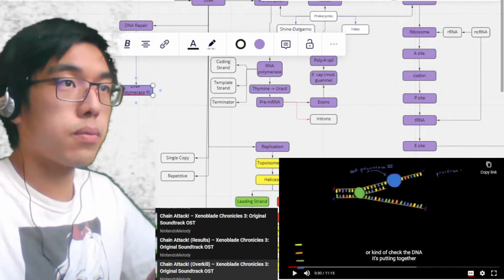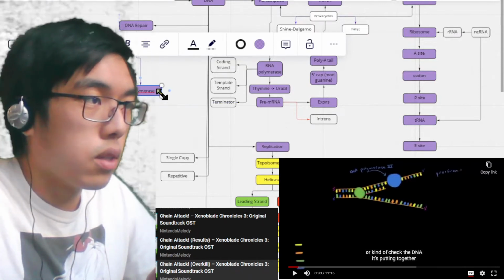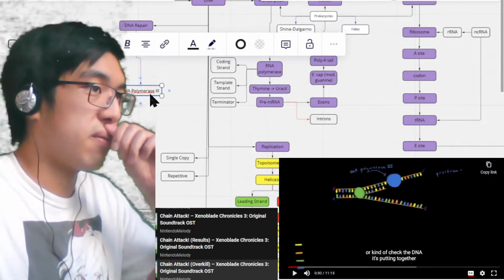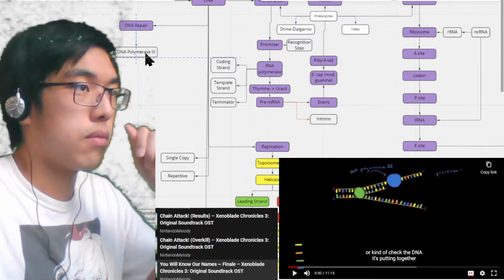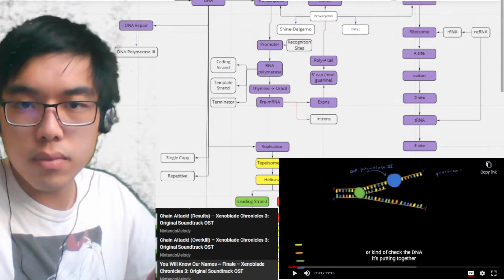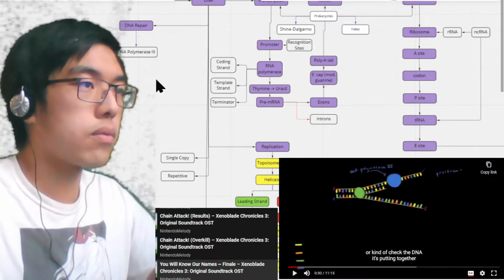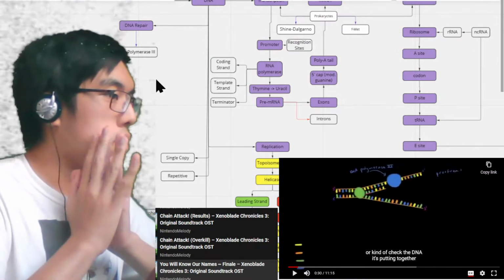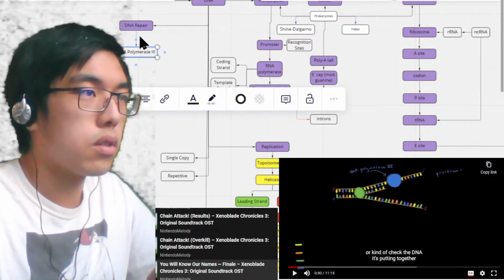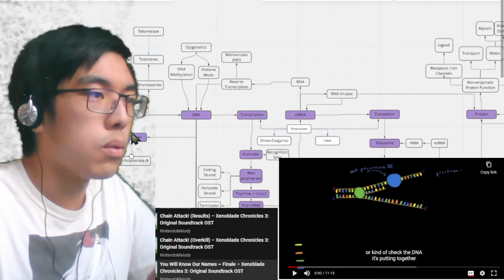Going through all of the sound effects today. DNA polymerase 3 is the proofreader. Oh my god, I don't want that to be purple. Someone help me.